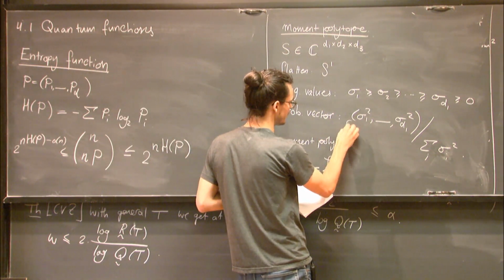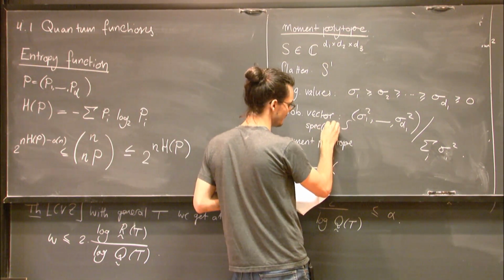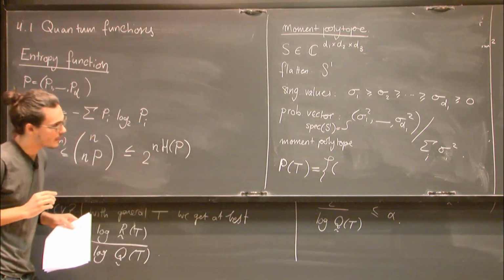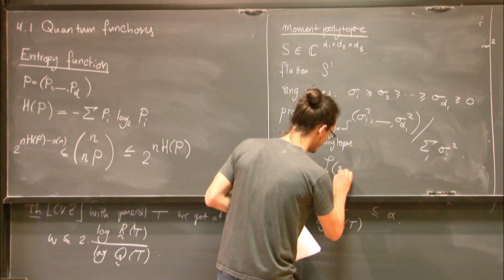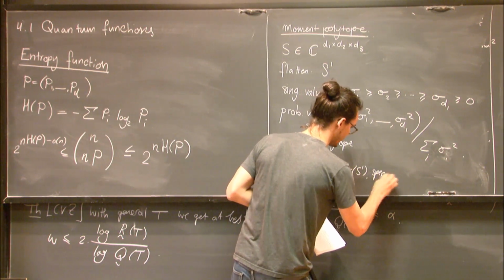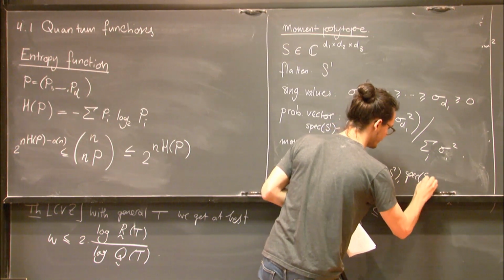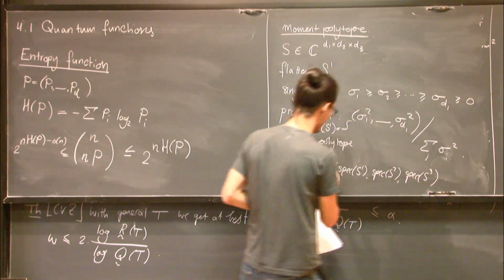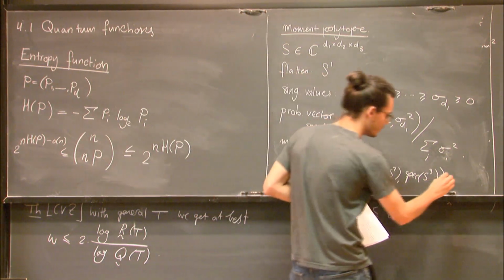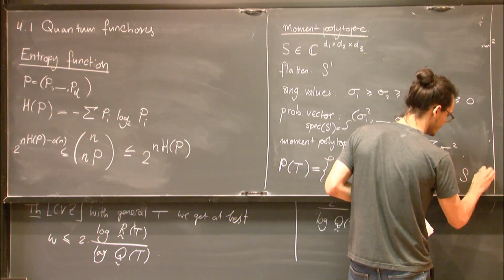So let's call this vector, this is made up, the spectrum of S1. Then I look at the triples, spec of S1, spec of S2, spec of S3, where I go over all S that are smaller than T.